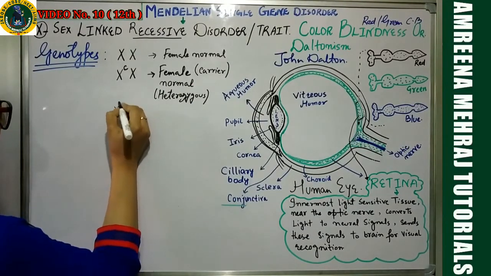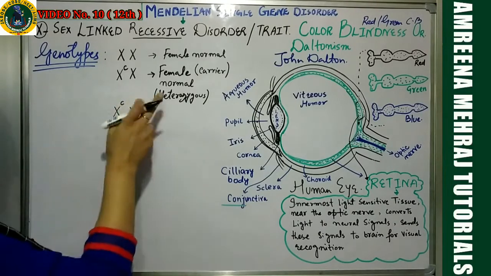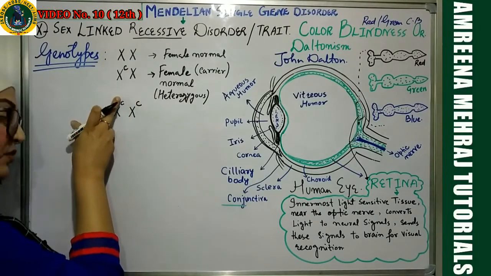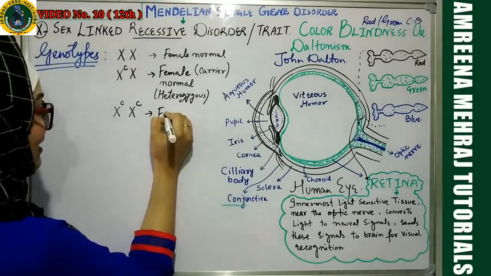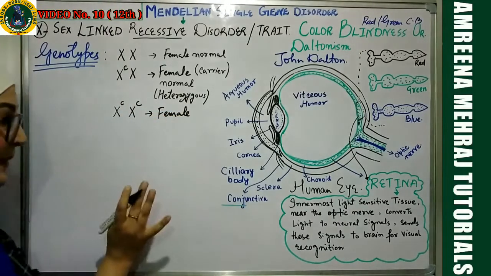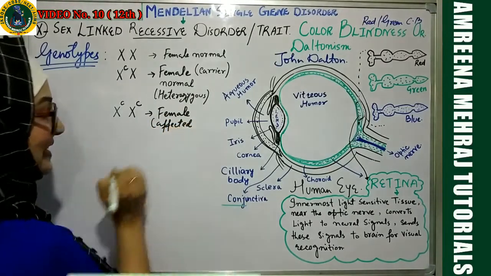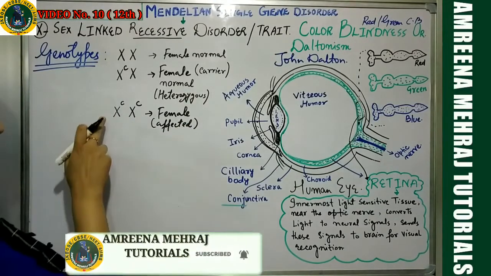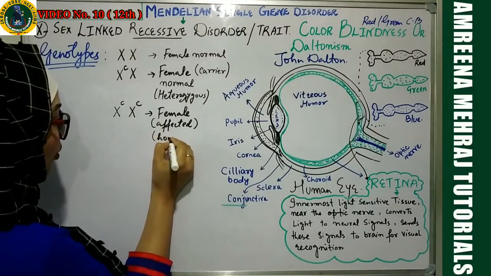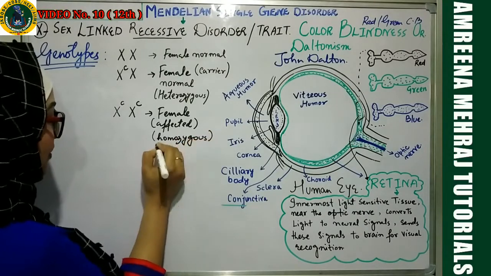Okay, now I'll do something like this. I'll write down X^C X^C, means two superscripts. This X having the recessive mutation, this X having the recessive mutation. She will again be a female. Try and understand. She'll be a female, but she will now be affected with color blindness because both of the alleles are mutated and she is basically homozygous for this particular recessive mutation.